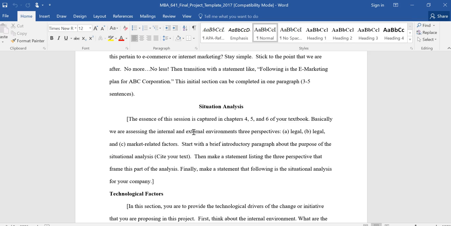It's not exactly what we will do in strategy class. We go pretty in depth, but just from the perspective that a SWOT analyzes strengths, weaknesses, opportunities, and threats in the internal and external environment, that's what we're going to be doing here.